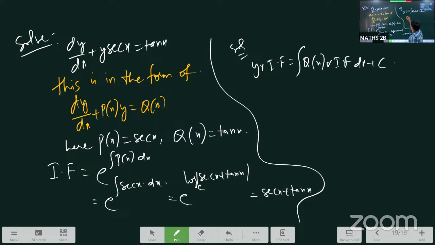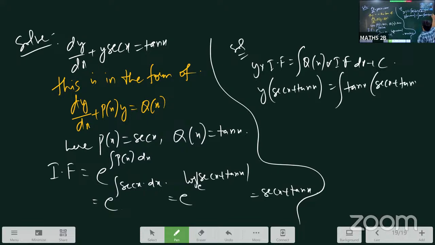So y into secant x plus tan x is equal to integration of tan x into secant x plus tan x dx plus c, correct?